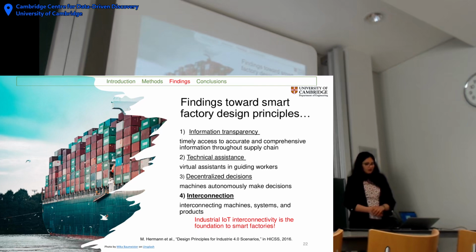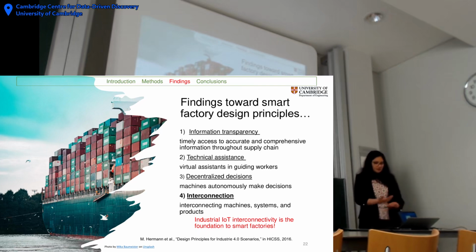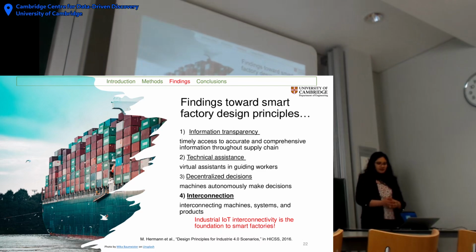And there are many types of principles. There are 4 main principles for designing smart factories. The first one is about information transparency, which talks about how timely and accurately information should be available throughout the supply chain. Whereas the second principle is about technical assistance.